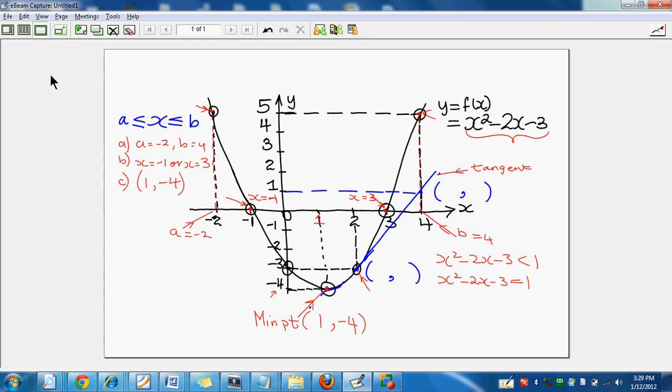Now x squared minus 2x minus 3 is the curve that we see on the screen here, on the board. So where it will be equal to 1 will be 2 locations, and those 2 locations I will just highlight to you now. It will be equal to 1 along the line where y is equal to 1.